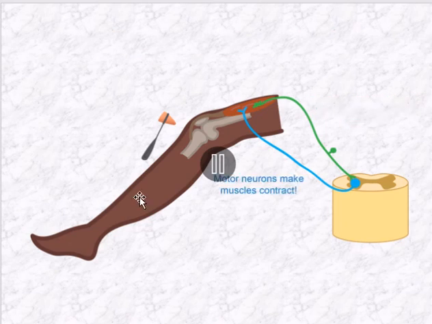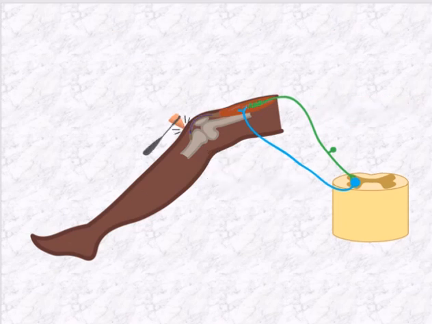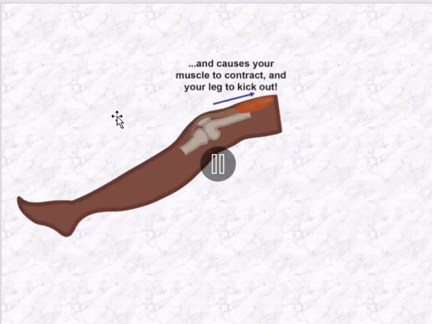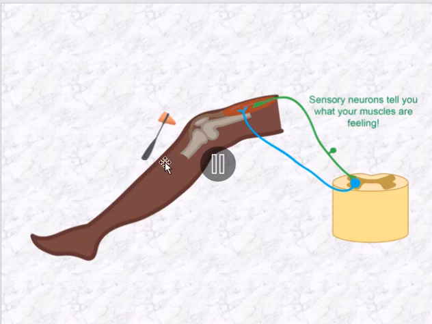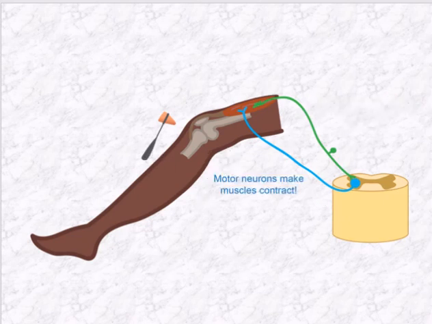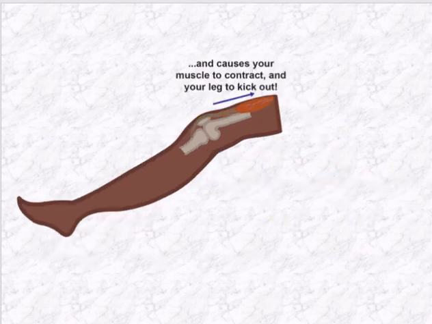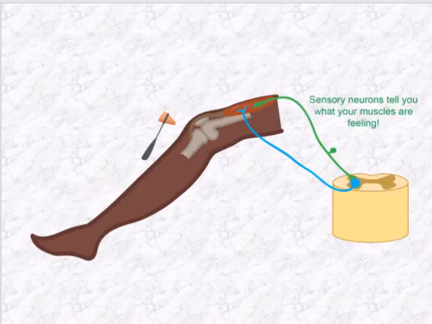Look at this diagram. A tendon tap causes your muscles to stretch, and then a response comes to the body, and the result is contraction of the muscles, because of the excitability of the motor neurons.